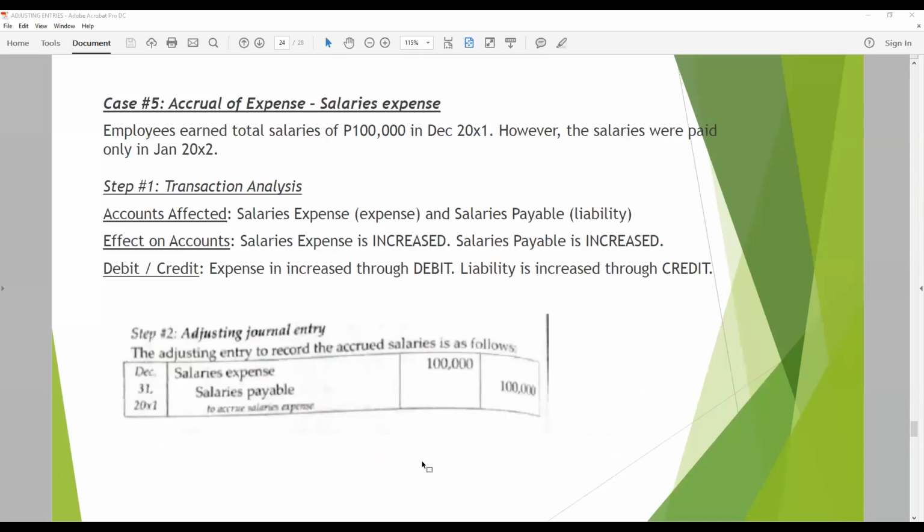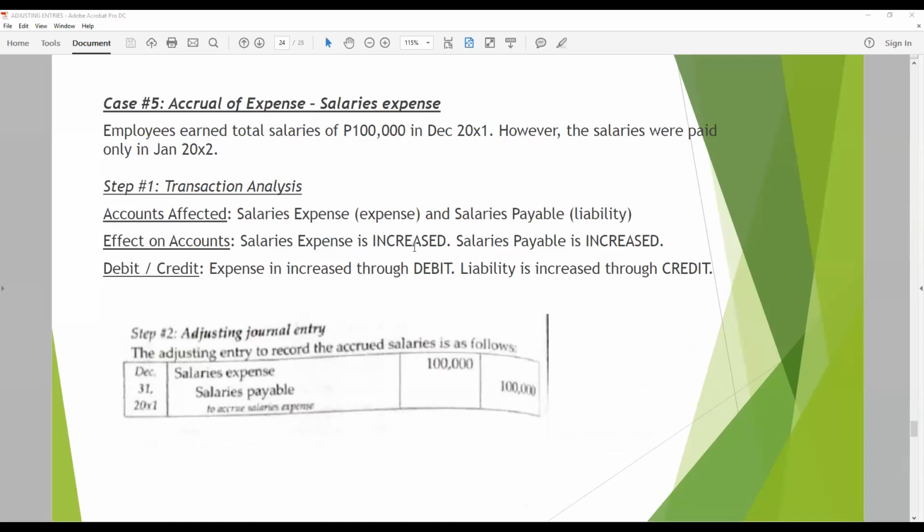So, salaries expense naman tayo. Sorry. Employees earned total salaries of 100,000 in December. However, the salaries were paid only in January. So, accounts affected, salaries expense and salaries payable. Expense account and liability account. What is the effect?